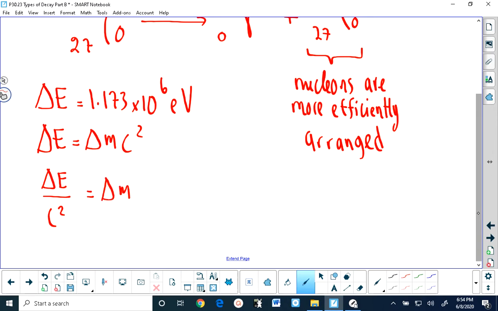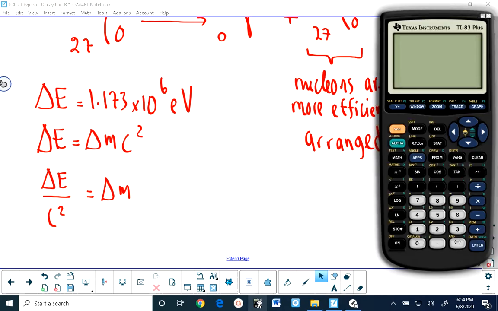I'm not going to write down a whole bunch of numbers here. I will remind you, though, that we need to convert that electron volt energy into joules. So we have 1.1732 multiplied by 10 to the 6 eV. We have to multiply by 1.6 multiplied by 10 to the negative 19 because that's how many joules there are per electron volt.